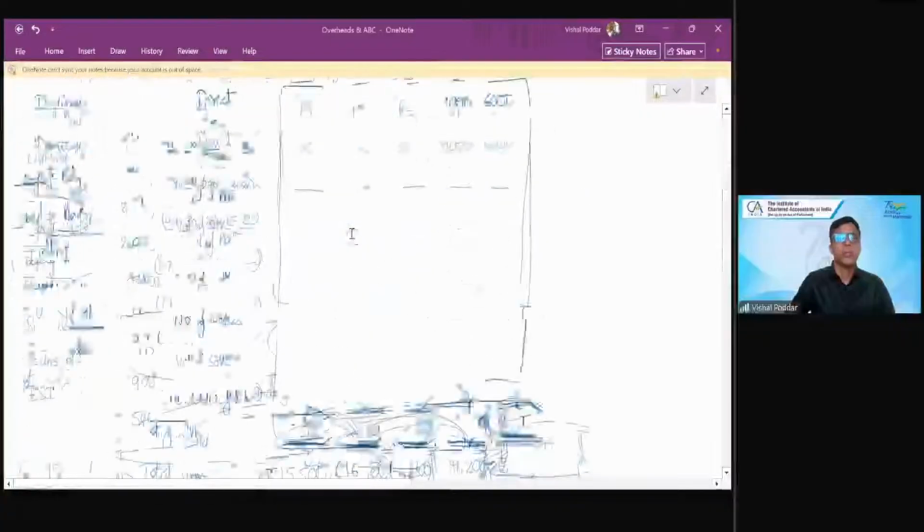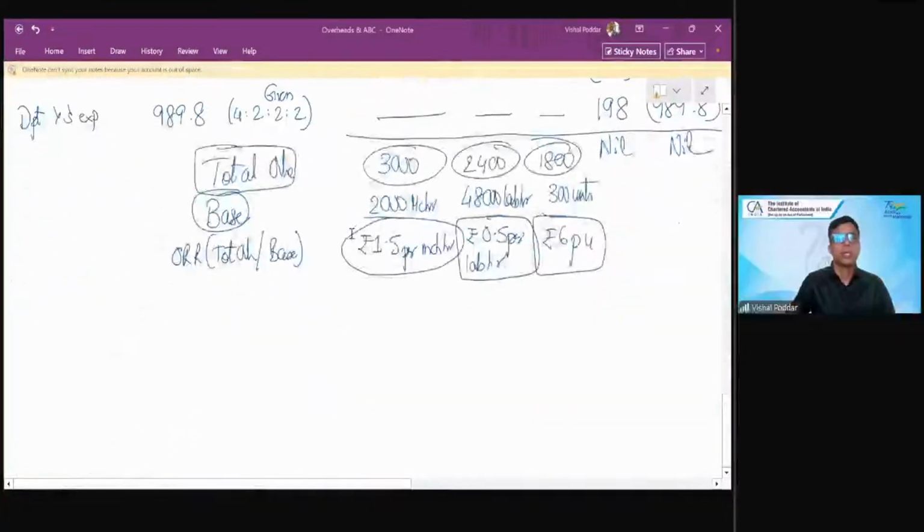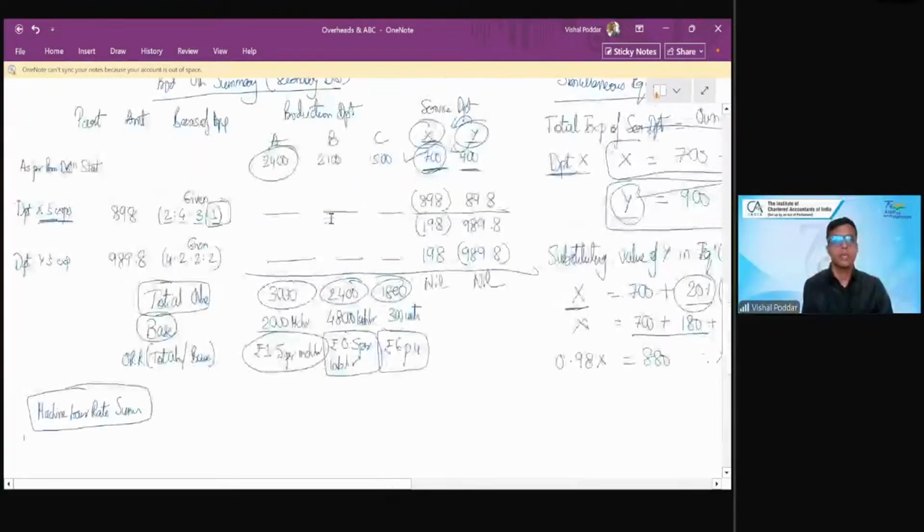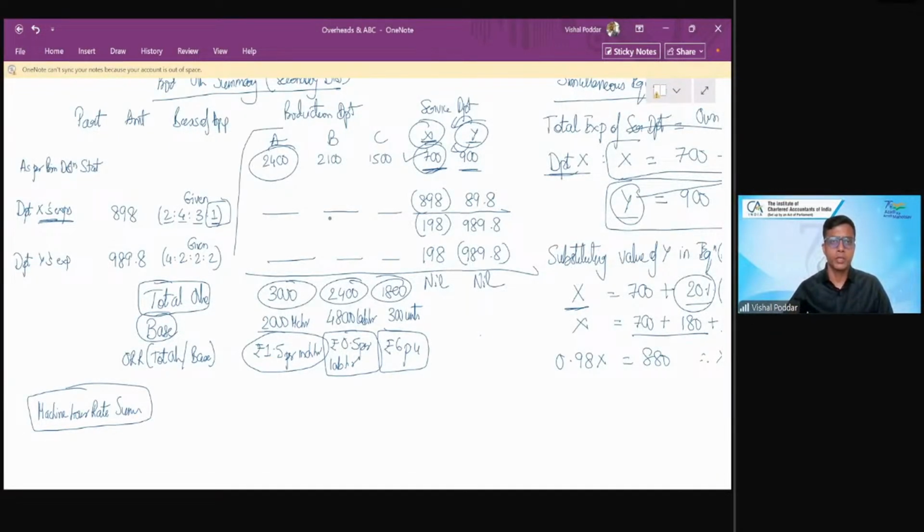Now, once this is done, let us proceed to the next type of problem, which is called the machine hour rate sums. What is this machine hour rate sums? In this example, you saw that out of the 3 production departments, my department A is a machine department.